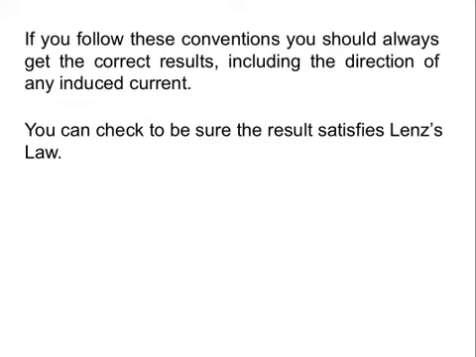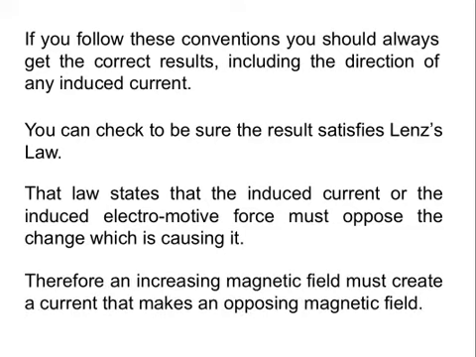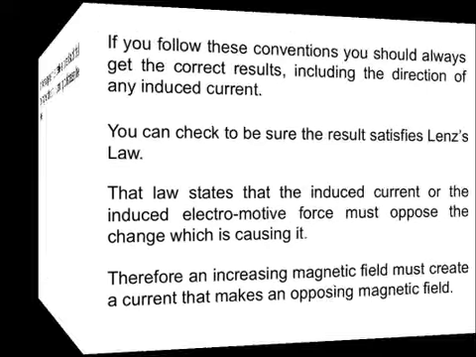You can check to be sure the result satisfies Lenz's law. That law states that the induced current, or the induced electromotive force, must oppose the change which is causing it. Therefore, an increasing magnetic field must create a current that makes an opposing magnetic field.